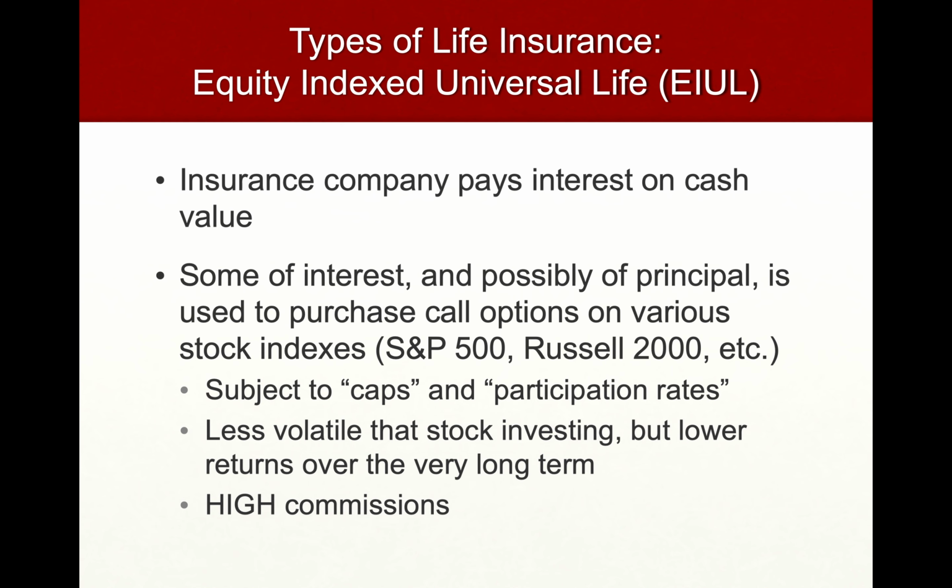It will pay an interest rate that's similar to what their dividends is, but usually a little bit less than that. And some of that interest and possibly some of the principal is used every year to go out and buy call options on the various stock indexes. So if the stock index goes up, you basically can reap some of the benefits of that because you'll get some of the gains of the index going up.